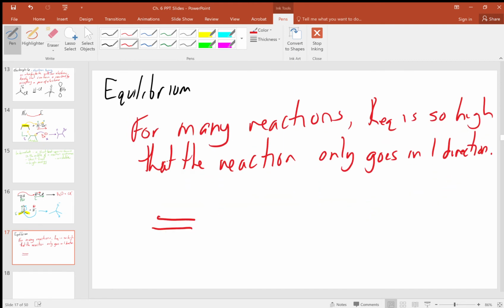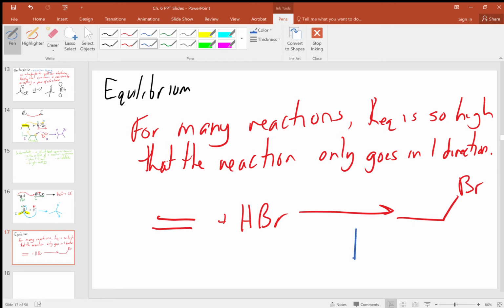For example, if you take an alkene such as ethylene and add HBr to it, you'll form bromoethane, and the equilibrium constant here is 7.1 times 10 to the 7th. So this equilibrium is so high that we basically say this reaction goes to completion.